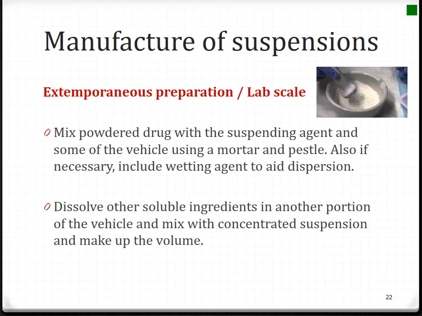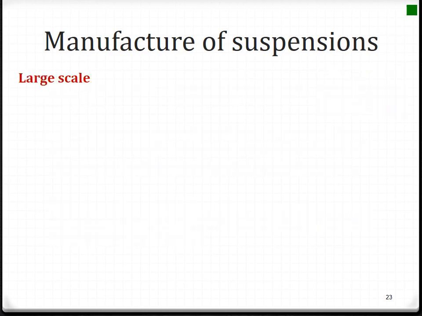Lastly, let's take a look at how suspensions are manufactured. In the lab, suspensions are mixed using a mortar and pestle. The powdered drug and excipients are first mixed, then the liquid portion is mixed in slowly. Finally, the suspension is made up to the correct volume with the liquid vehicle.